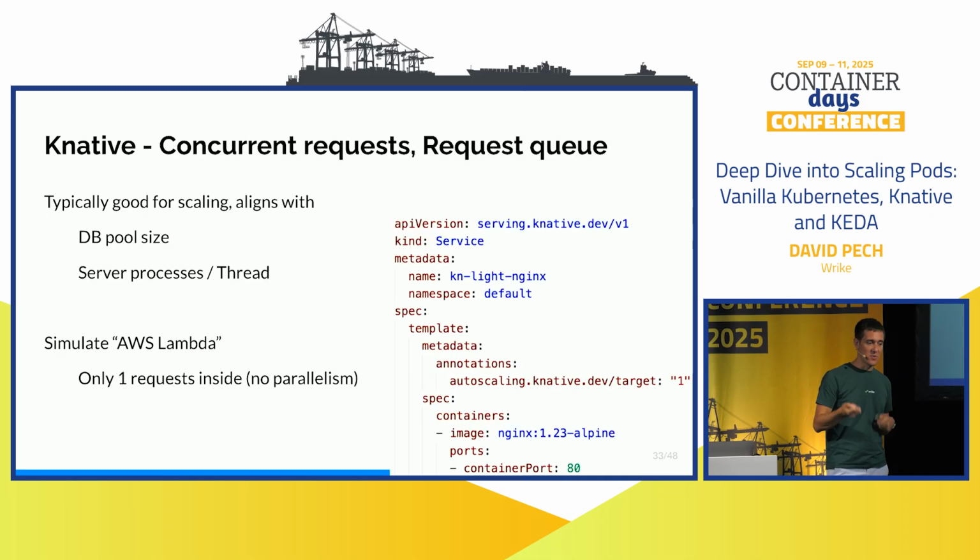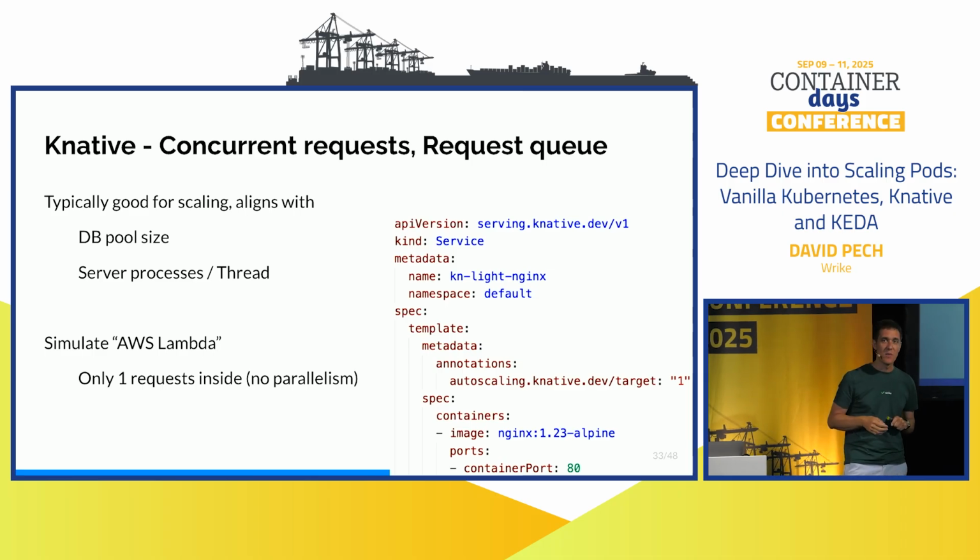So why am I talking about this? The first benefit here of Knative is that you can define the metric based on number of parallel requests. This is typically very well aligned with how your application is internally designed. So there is some database pool, some thread pool, etc. that is inside, and you can match these numbers together.